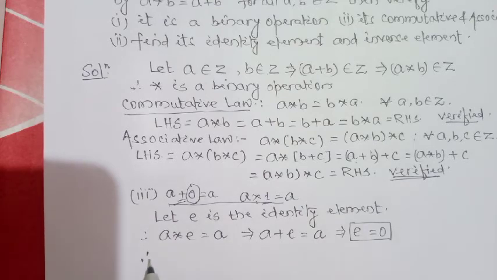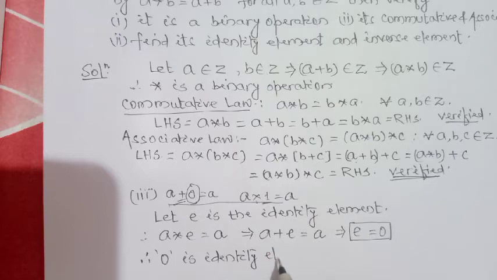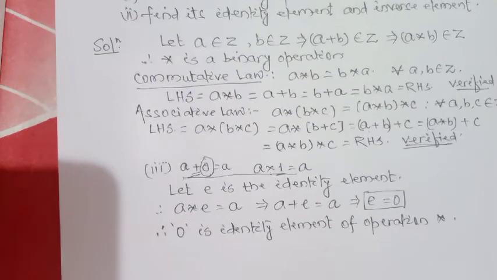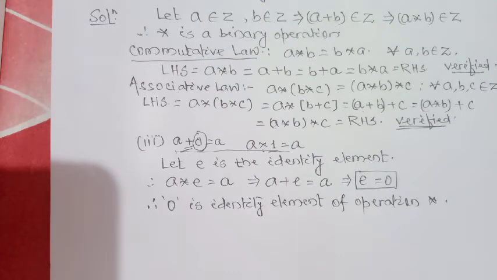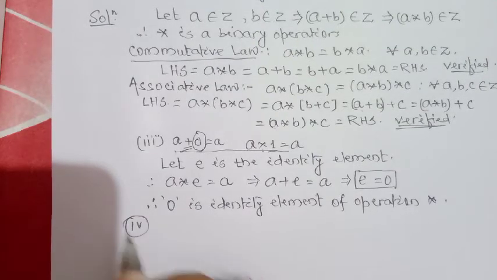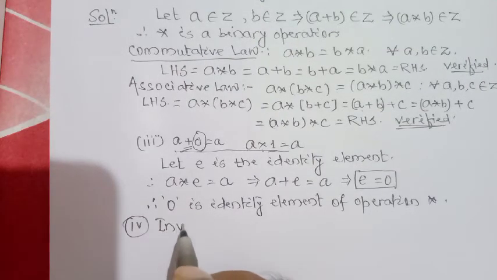Therefore 0 is the identity element of the given operation star. And finally we have to find the inverse element.